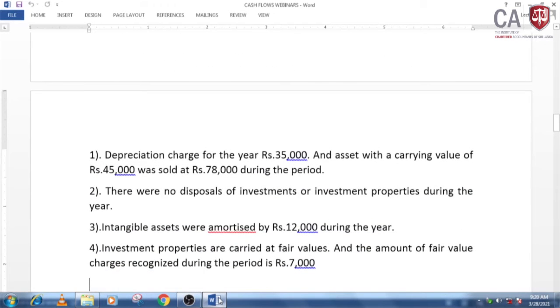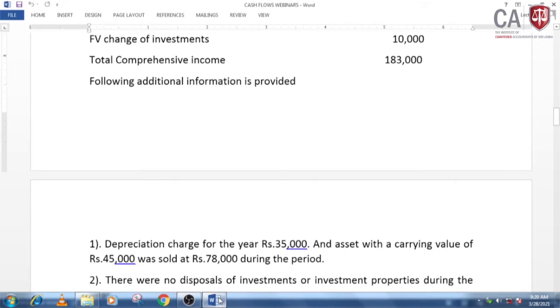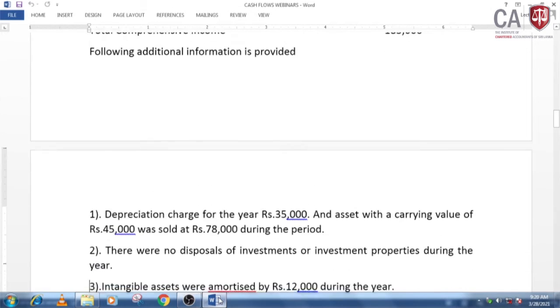The following information is given. Depreciation charge for the year is 35,000. An asset with a carrying value of 45,000 rupees was sold at 78,000 during the period. There were no disposals of investments or investment properties during the year.